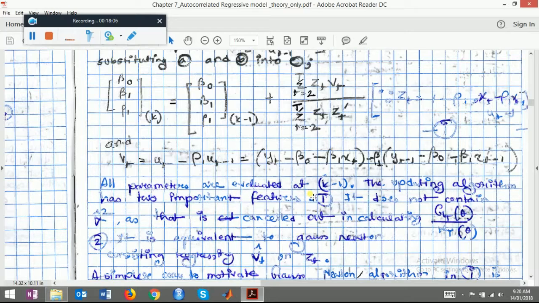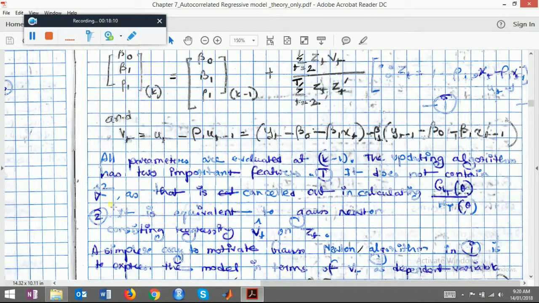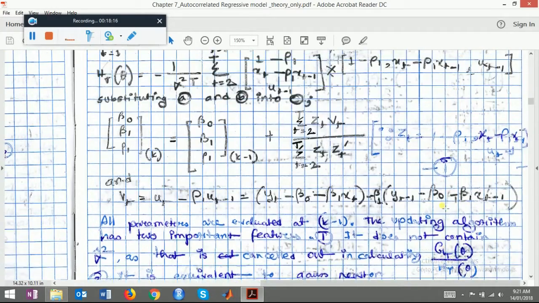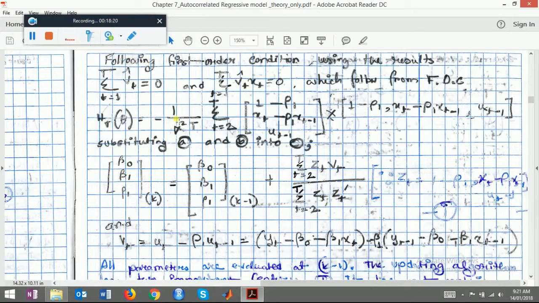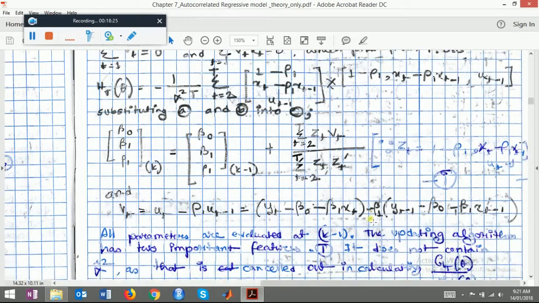It does not contain the estimated variance sigma square, as that is cancelled out in calculating the gradient divided by Hessian. Okay, beautiful, because this portion is there in Hessian and that is also in gradient, so you just cross them out. That's all.